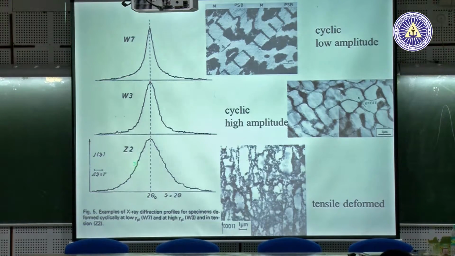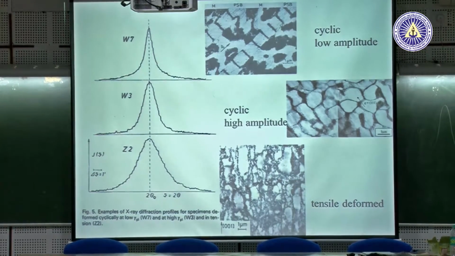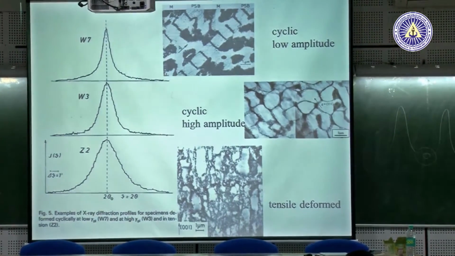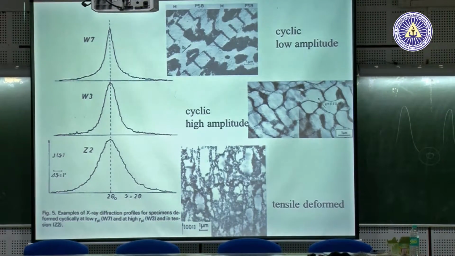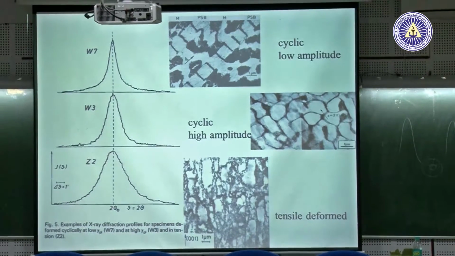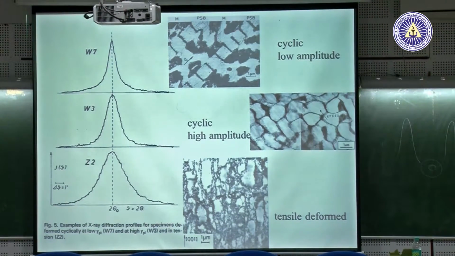And the last one was a tensile deformed specimen, single crystal. And if you look carefully, you can see that this peak is asymmetric. Can you see that? At that time, these three colleagues did not care about this asymmetry.